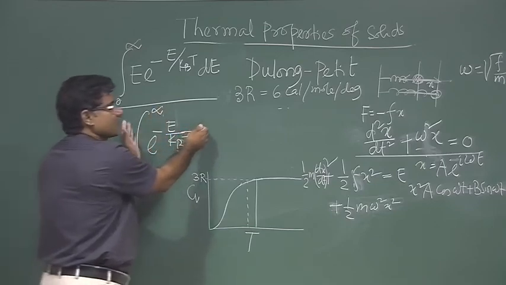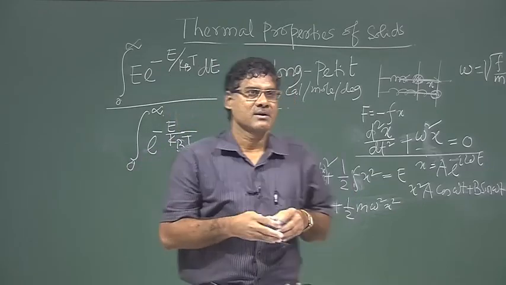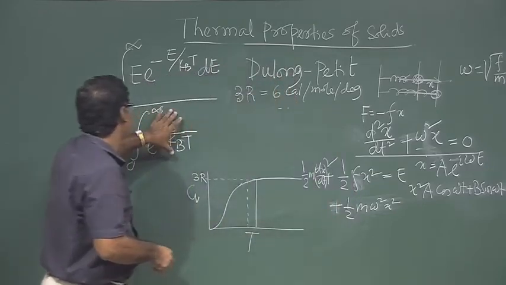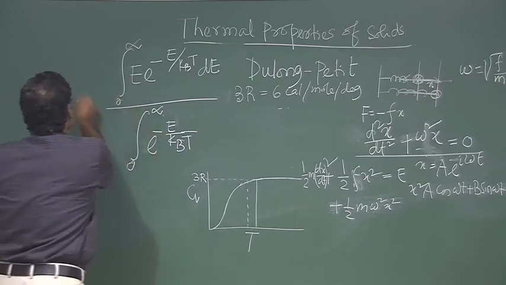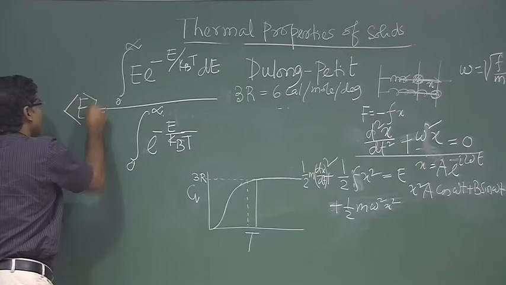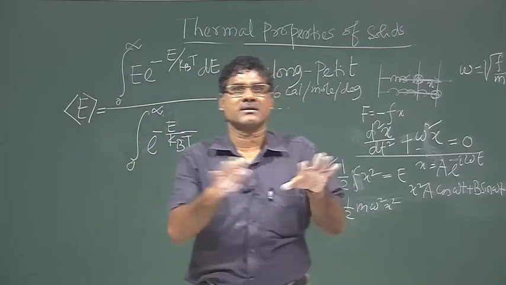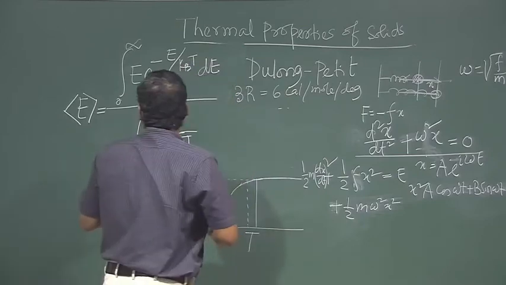It has to give n, because that is the restriction for our system. Then I will get the average energy of each oscillator. That is the way one finds the average energy of the oscillator.